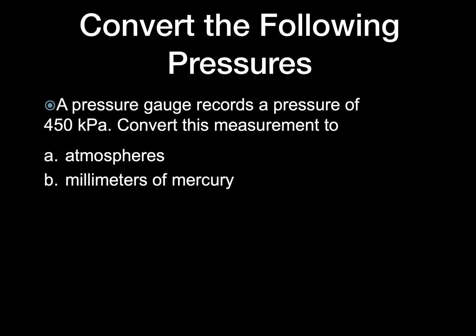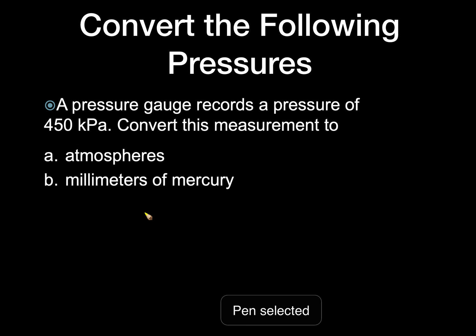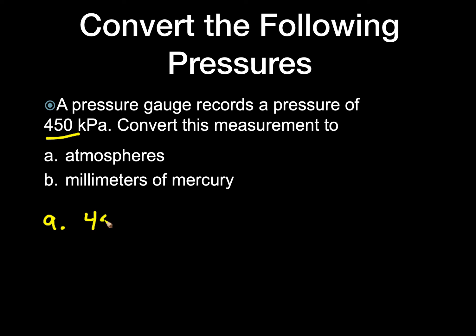It says, convert the following pressures. A pressure gauge records a pressure of 450 kilopascals. Convert this measurement to atmospheres and millimeters of mercury. For the first one, like every dimensional analysis problem we've done, we start with what they give us, 450 kilopascals.